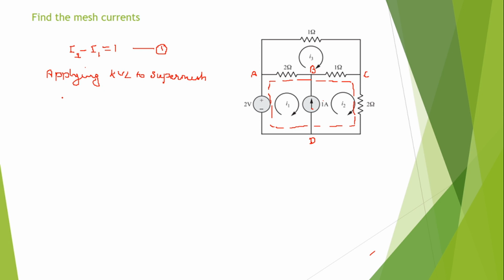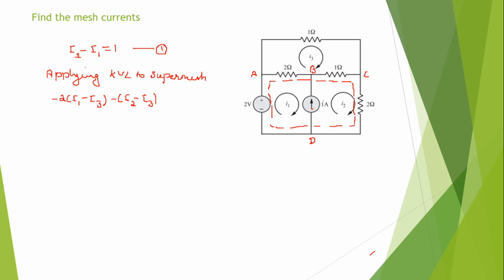I1 minus I3. So I1 minus I3 flows from A to B, so the potential drop is minus 2 into (I1 minus I3). Now B to C, 1 ohm is connected. What is the current flowing through B to C? I2 minus I3. So minus 1 into (I2 minus I3).